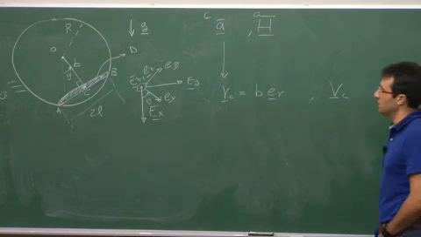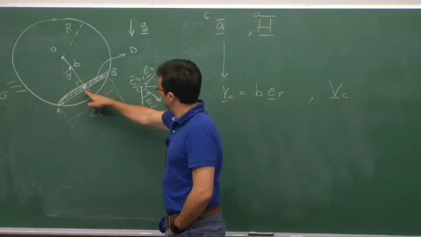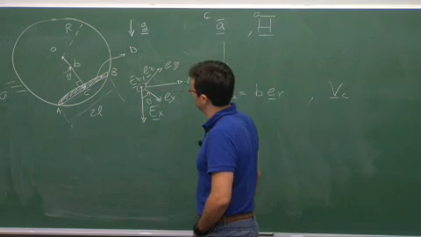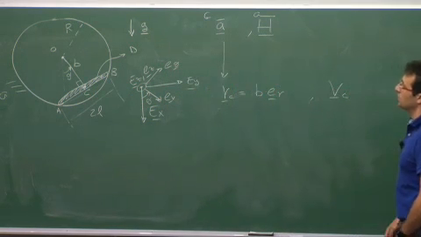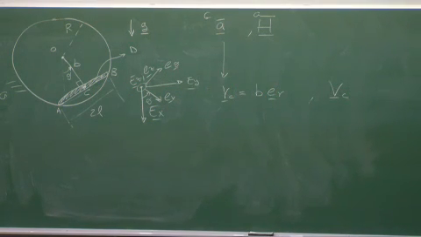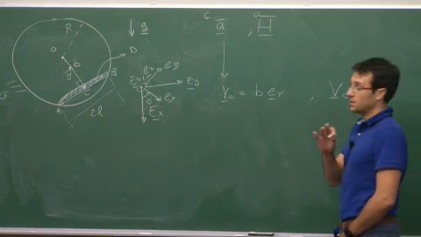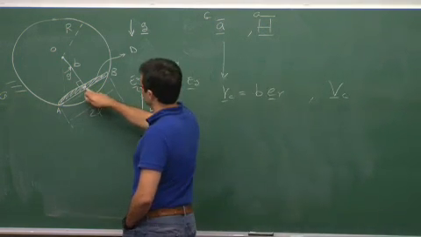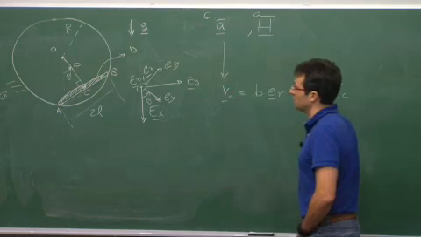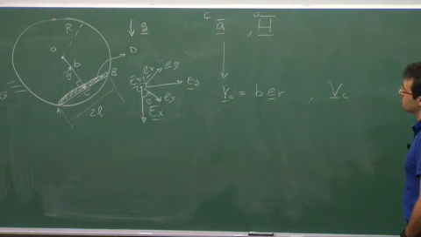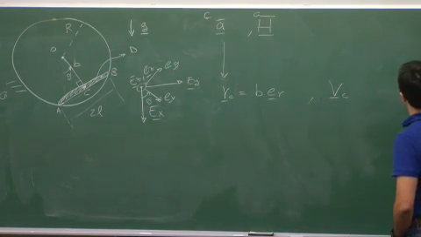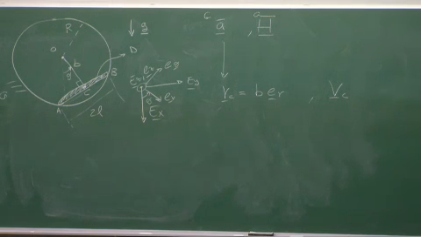The acceleration of this point is the same as the acceleration of this point? Are you sure? Is that what the statement was? The acceleration of the center of mass is the same as the acceleration of any point on this rigid body? It is if a rigid body is translating, not rotating.